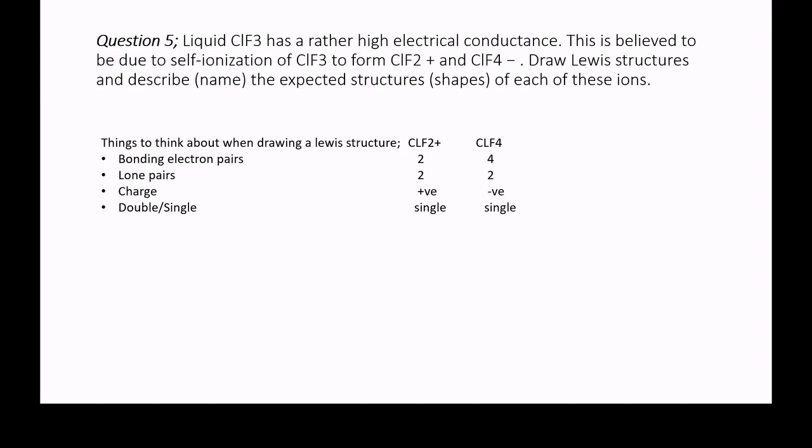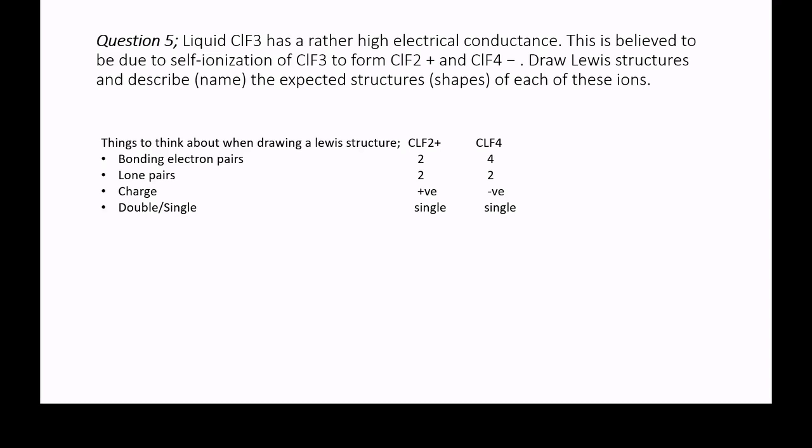Now normally, 2 electrons bonded from a chlorine would mean that the chlorine has 5 electron pairs left. However, this is a positive ion. This means there's 1 less electron than normal, so the chlorine is left with 4 electrons, which is 2 lone pairs.